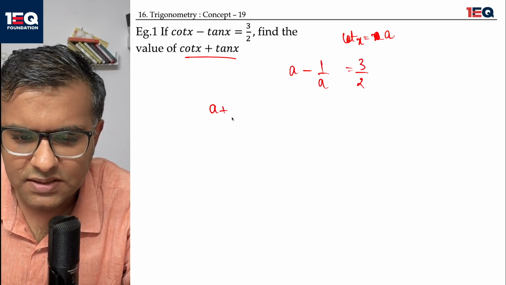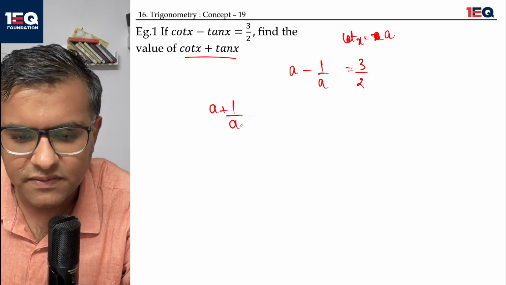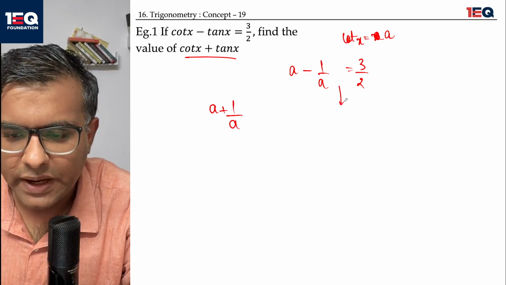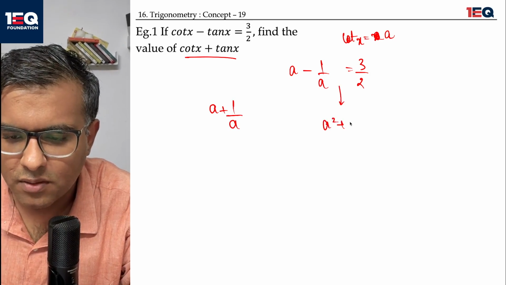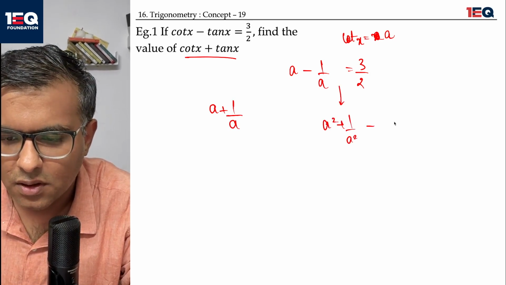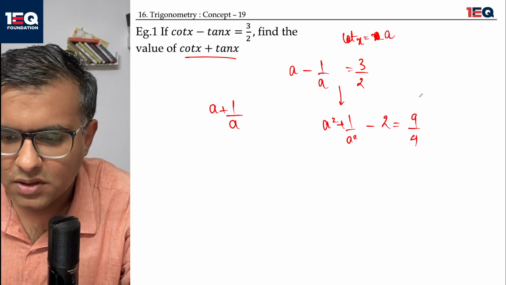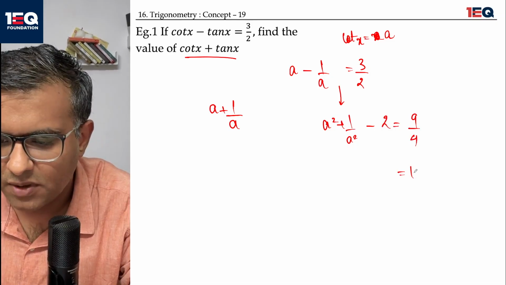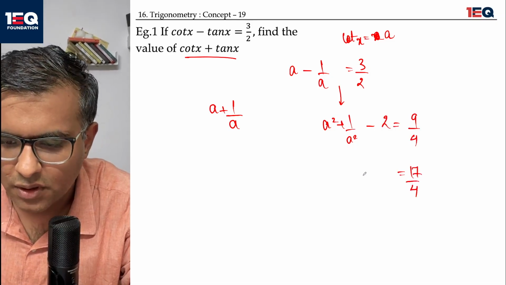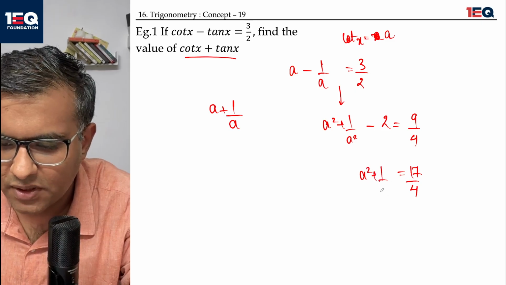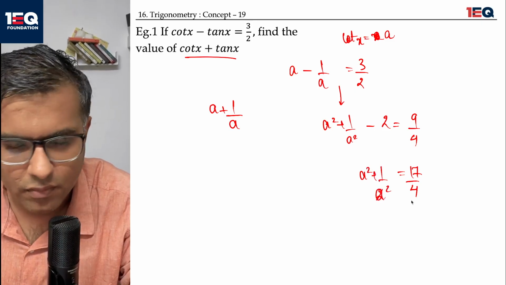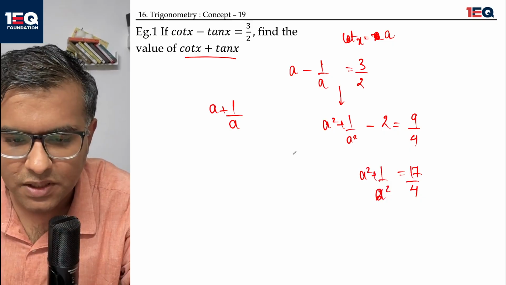And the question asks us to give a plus 1 by a. I will quietly square it down. a² plus 1 over a² minus 2 is equal to 9 over 4. This 2, when it goes to the other side, it becomes 17 over 4 for a² plus 1 by a².